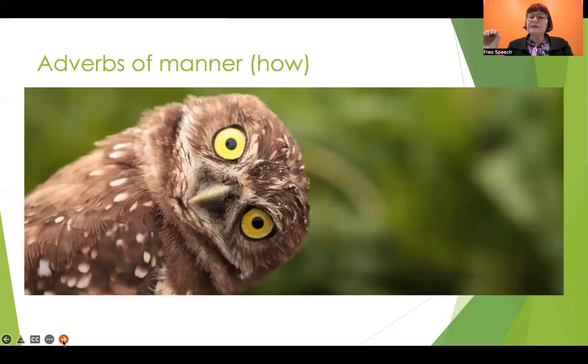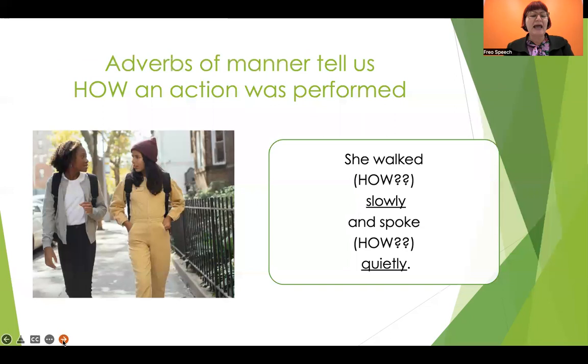So as well as increasing the complexity or upgrading the verb, the other thing to do is to use adverbs of manner. How? He probably says who rather than how, but that's okay. He's going to represent how. So if we wrote something like, she walked slowly and spoke quietly. Those ly adverbs of manner do a great job in explaining the way in which the action was done.